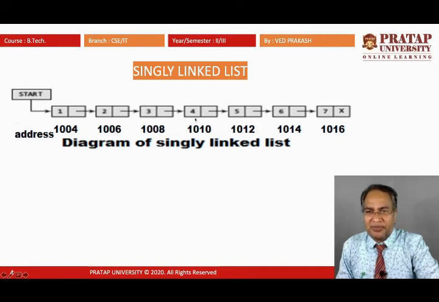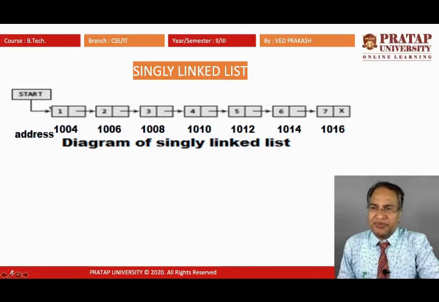When we design a linked list, we always have to use a start pointer. This start pointer holds the address of the first node. Here start holds the address 1004, and this 1004 is the address of the first node.